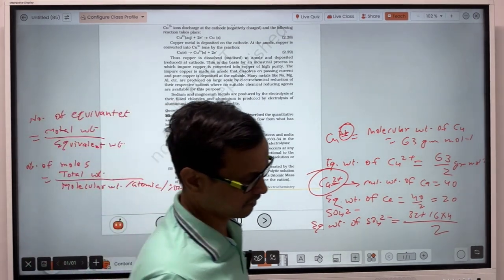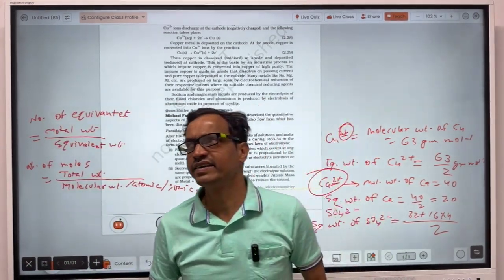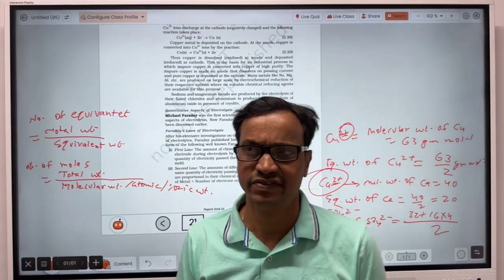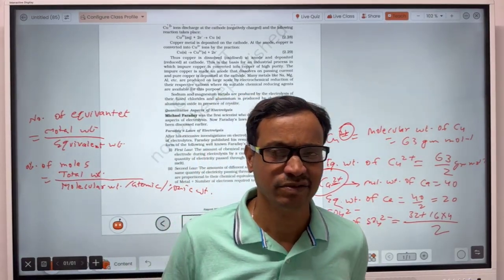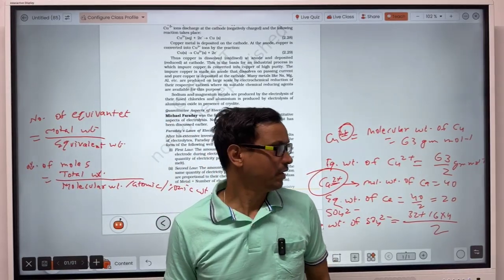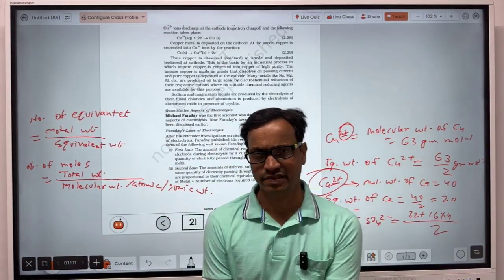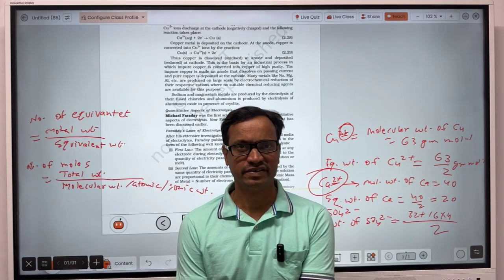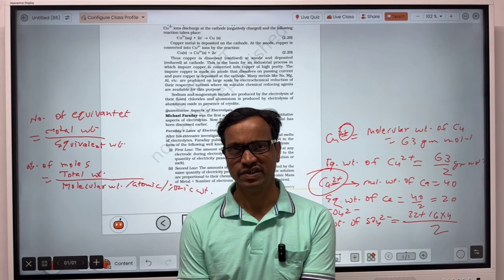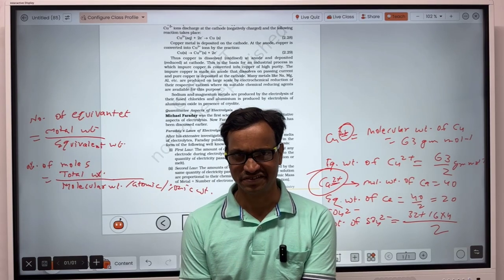So Faraday's first law states that the quantity of substance deposited at the cation or released from the anion will be directly proportional to the amount of charge passing through the solution.